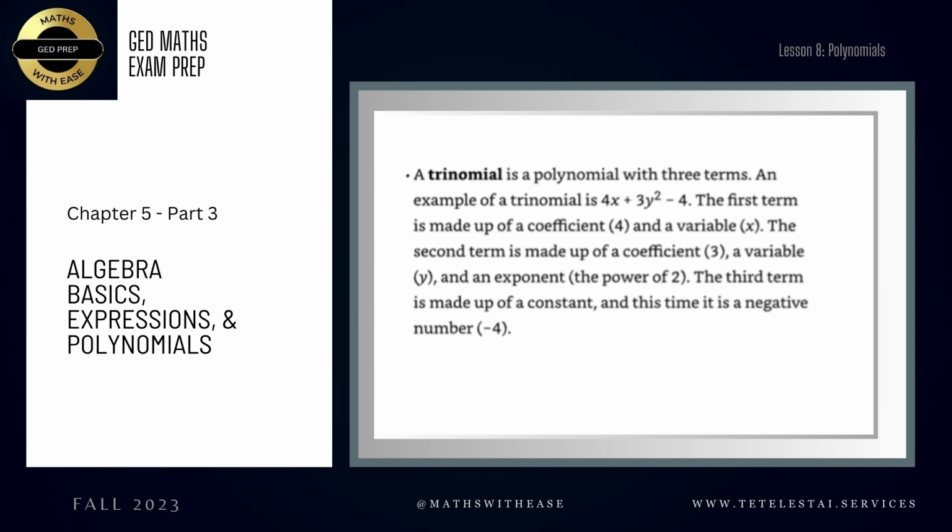The first term is made up of a coefficient and a variable. So the coefficient in this case is 4. The variable is x. The second term is made up of a coefficient, a variable, and an exponent. The coefficient being 3, the variable y, and then our exponent is the power of 2. And then the third term is made up of a constant, and this time it's a negative, or the number -4 is our constant.